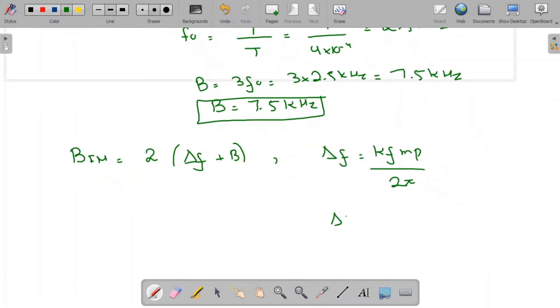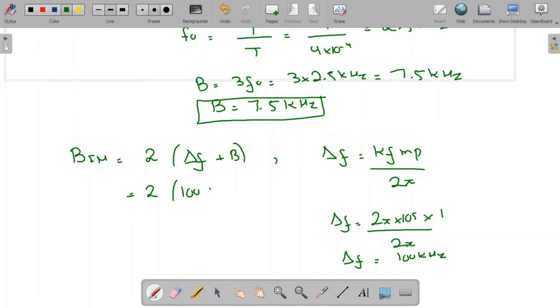Kf is 2 pi multiplied by 10 raised to power 5 and Mp is equal to 1, so this delta F will be equal to 100 kilohertz. So this will be 2 into 100 plus 7.5 kilohertz, which is 2 into 107.5 kilohertz, which means I get 215 kilohertz.